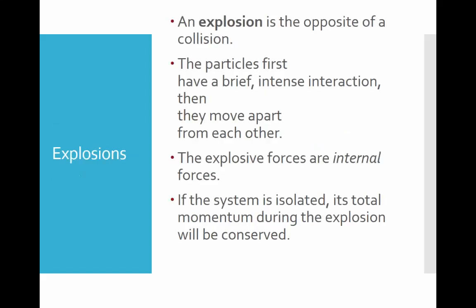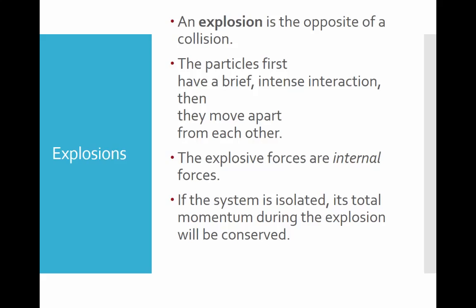Now remember that an explosion can be calculated the same way as we do a collision. We just take that inelastic collision equation and reverse it. The particles first start together, then they have a brief intense interaction, they explode apart, and as they do, we have to remember that the law of conservation of momentum says that the momentum before the explosion is the same as the momentum afterwards.